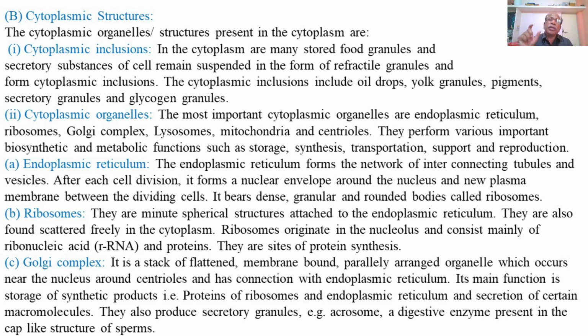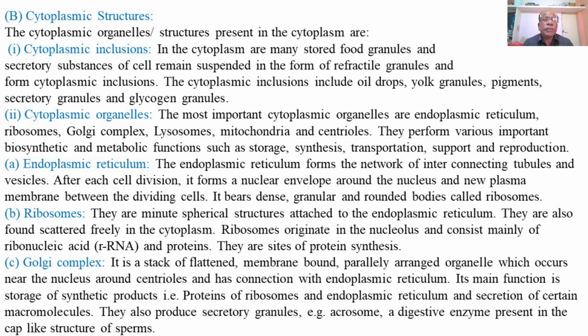Rough endoplasmic reticulum performs protein synthesis, and smooth endoplasmic reticulum performs lipid or fat synthesis. And smooth endoplasmic reticulum also performs the function of storage of the proteins or lipids synthesized by rough and smooth endoplasmic reticulum respectively, so as to export them towards the periphery of the cells via Golgi complexes.